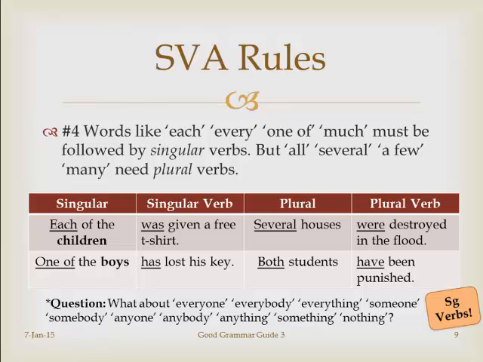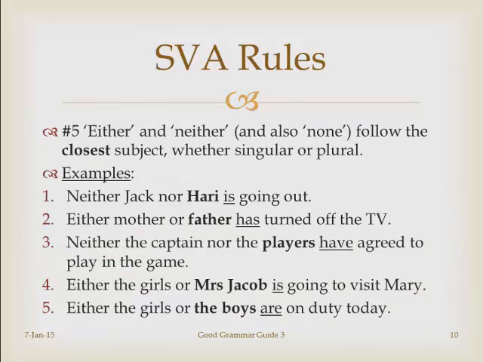With S. Good. Now, when the sentence has either, neither, and sometimes none, these follow the closest subject, whether it is singular or plural. Now, this is interesting. If you look at the example sentences given in the slide, the words in bold are actually the subjects that are closest to the verb.